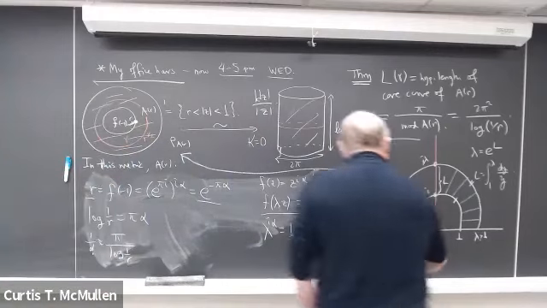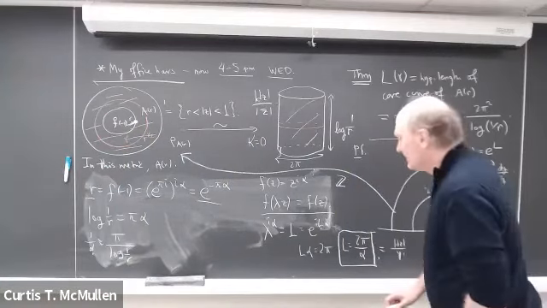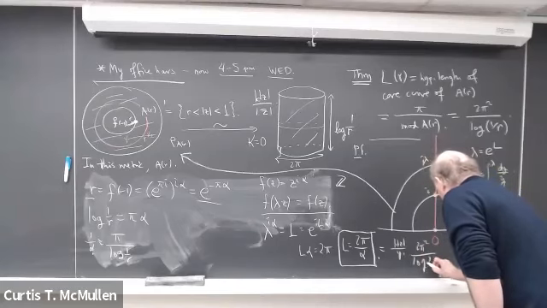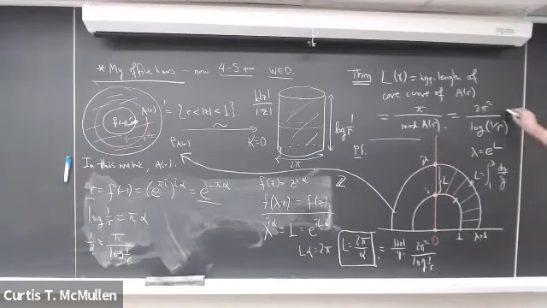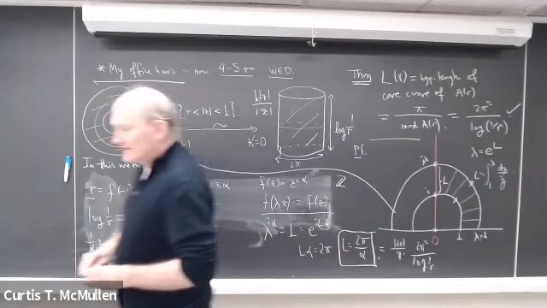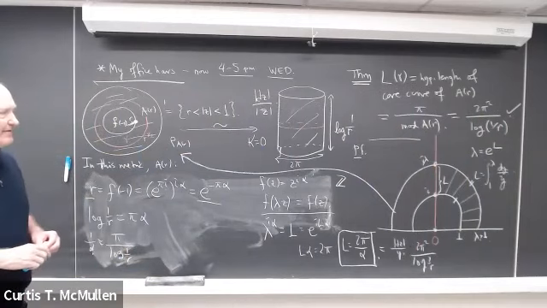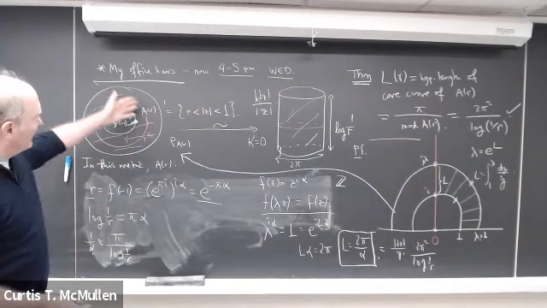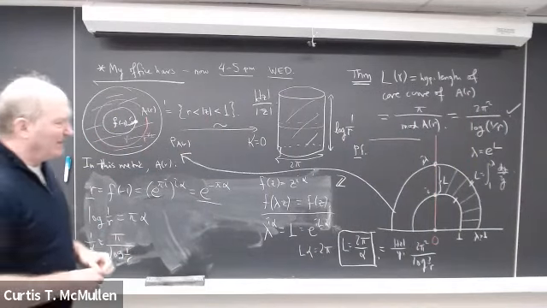And so this quantity is 2 pi squared over log 1 over r. And that's in agreement with the computation I did here. Okay, so this is an extended example of the computation of a covering map and discussing the hyperbolic geometry of a plane region.